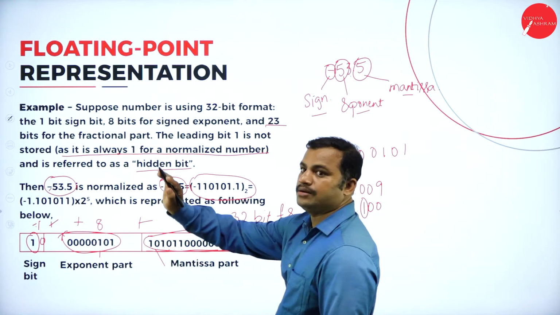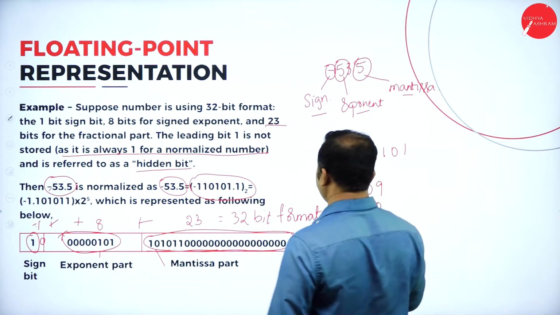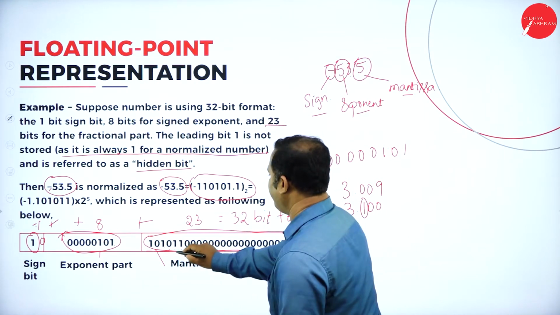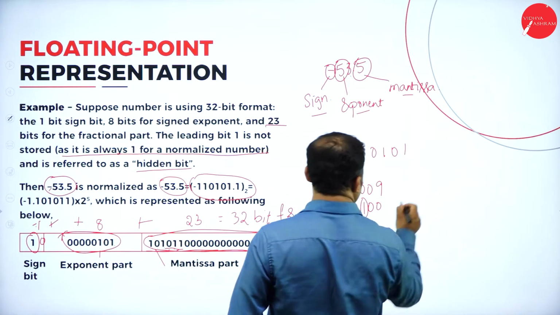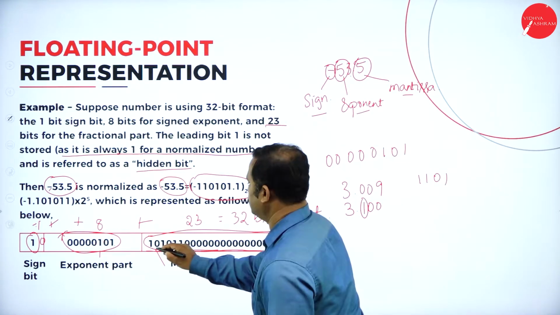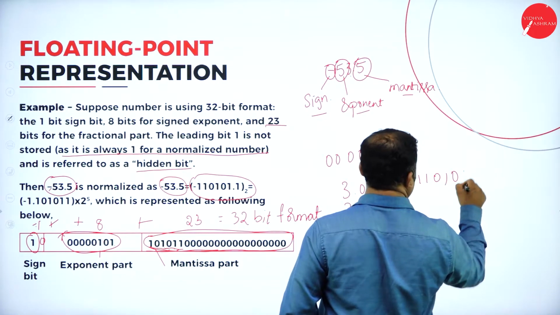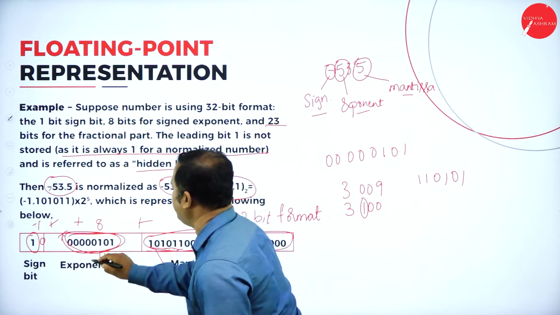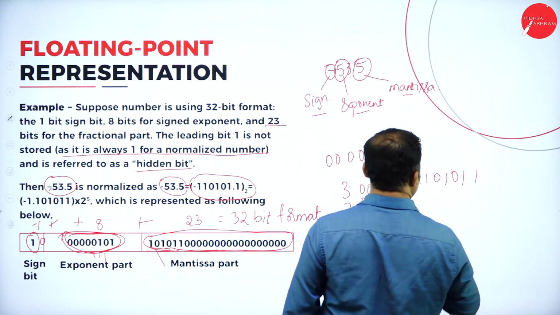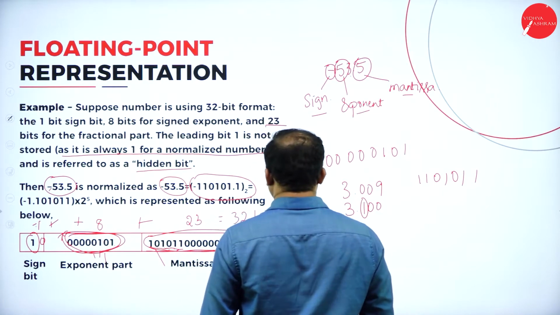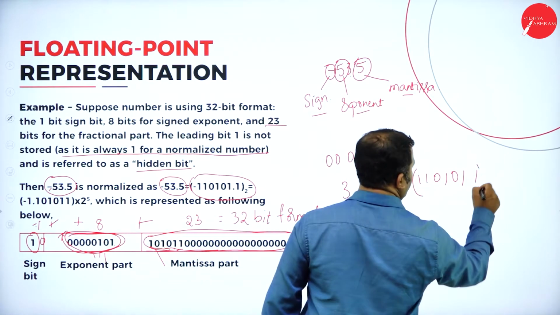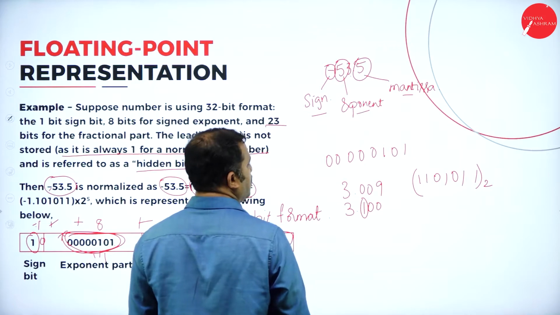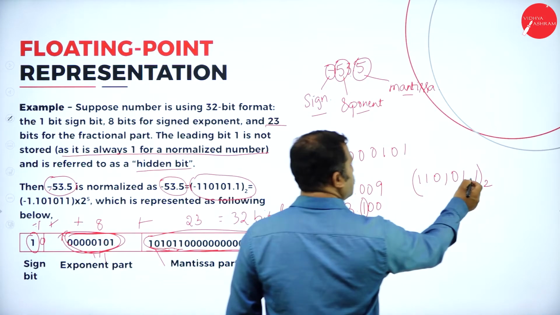This becomes 1 because this is a hidden bit. So we have 1, 1, 0, 1, 1, 1, 0, 1, 0, 1, again 0, 1, again. We have 1 here. I will represent the entire thing by 1. So if I consider this in the form of binary representation, I will mark it as 1.